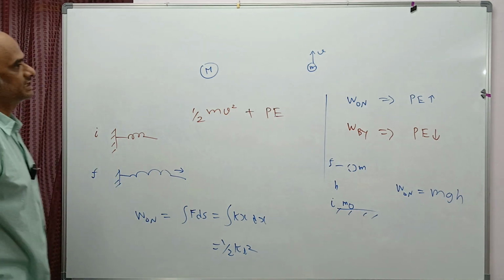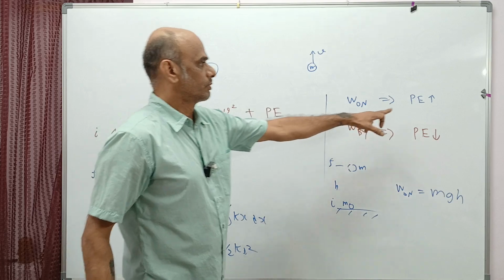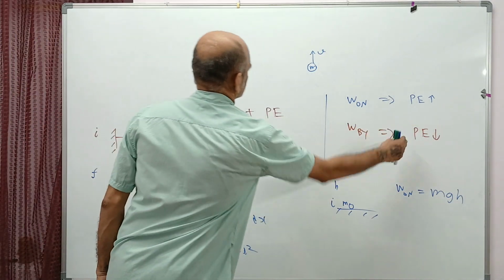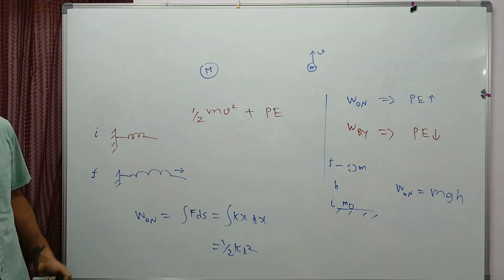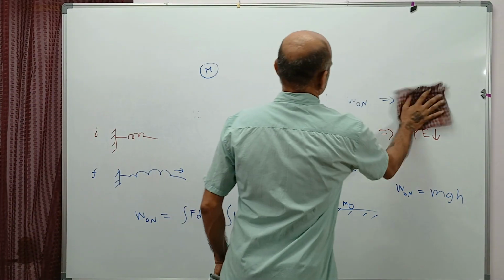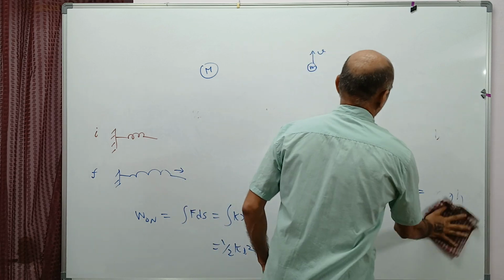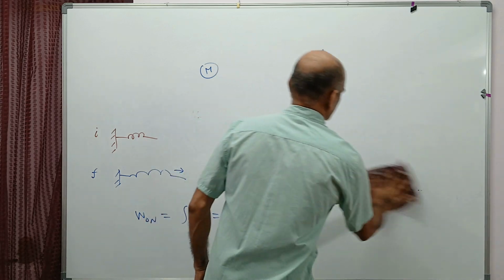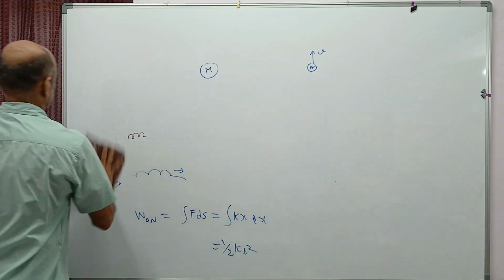So basically I want to convey that if work is done on the system, potential energy of the system will increase. If the system does work, it will lose potential energy. So from this we can get an understanding of the formula for potential energy of a gravitational system.